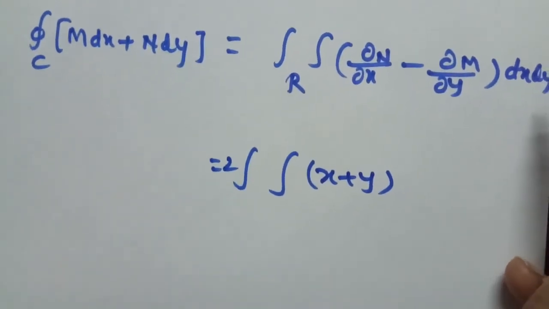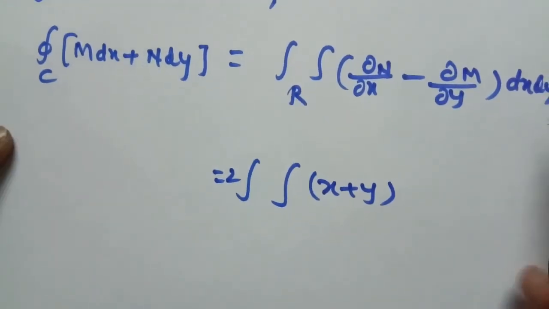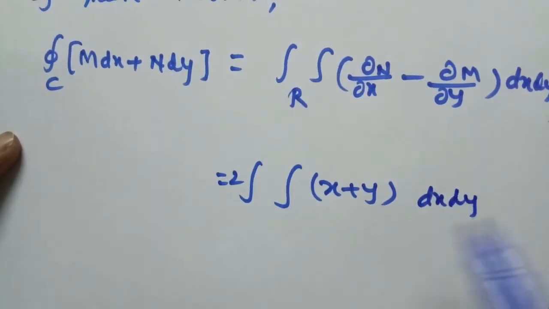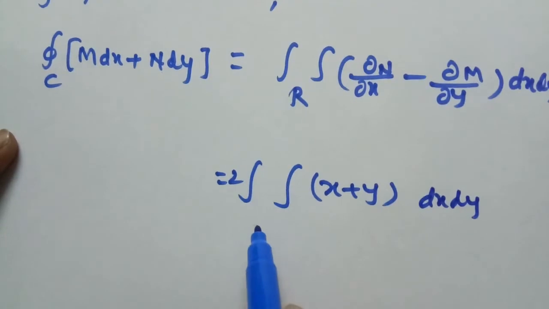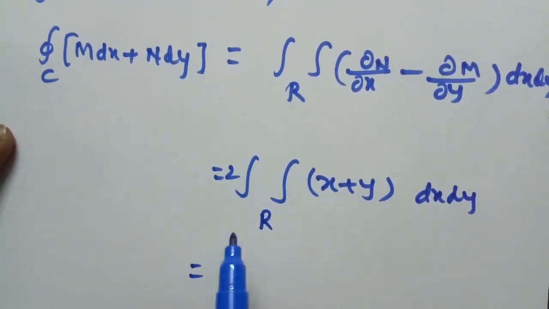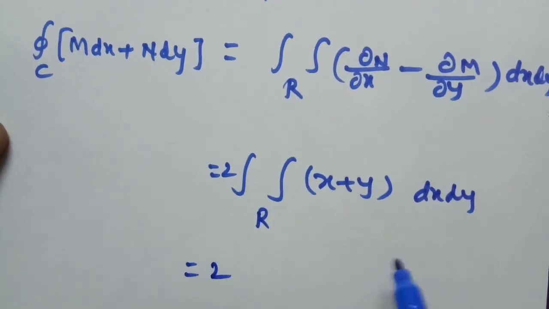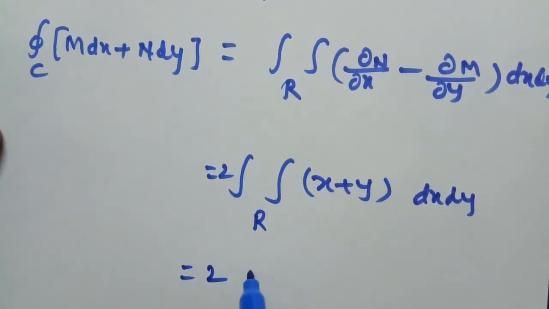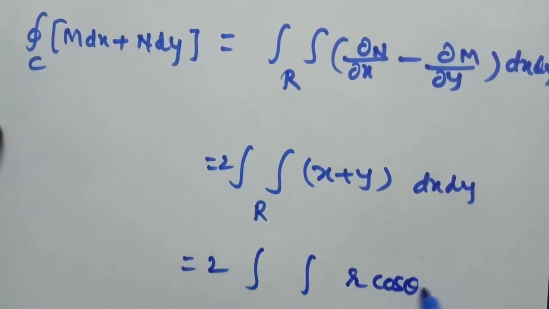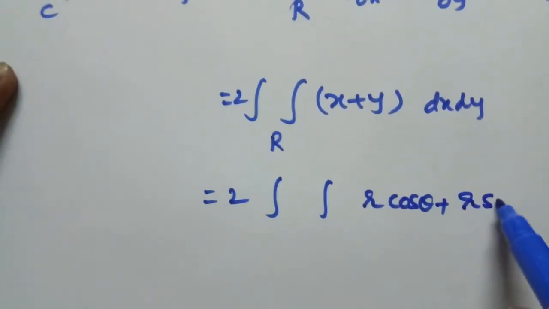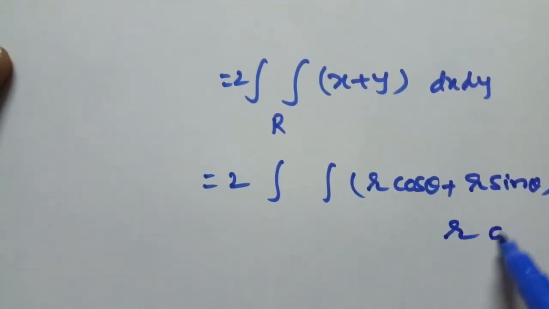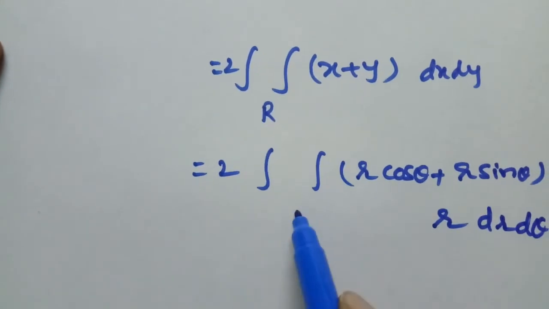Therefore, here we are using the polar coordinate representation of the circle to evaluate the double integration. 2 into, here x is r cos theta, y is r sin theta, and dx dy is equal to r dr d theta.